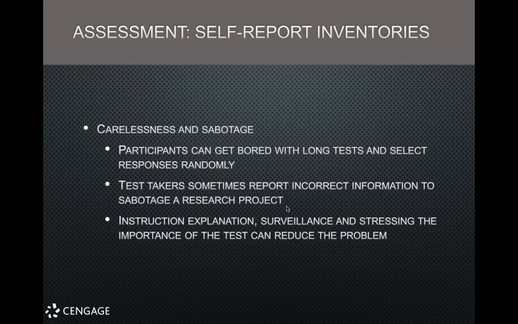Carelessness and sabotage are also other apprehensions when it comes to self-report inventories. Participants can get bored with long tests and select responses randomly. Test takers sometimes report incorrect information to sabotage a research project. Instruction, explanation, surveillance, and stressing the importance of the test can reduce the problem.